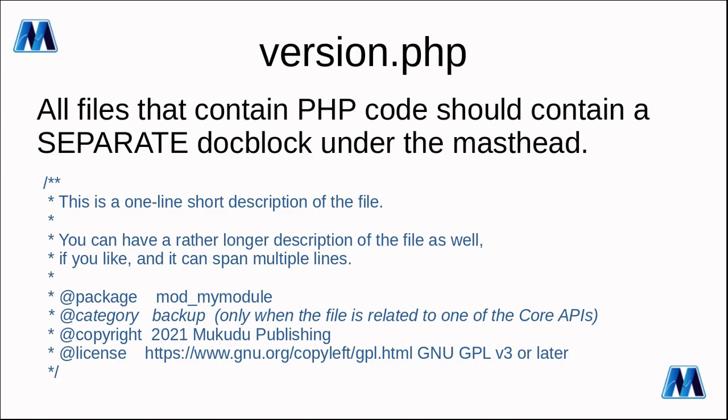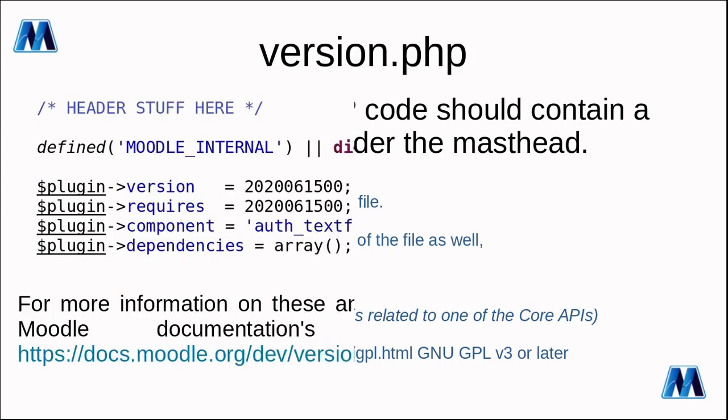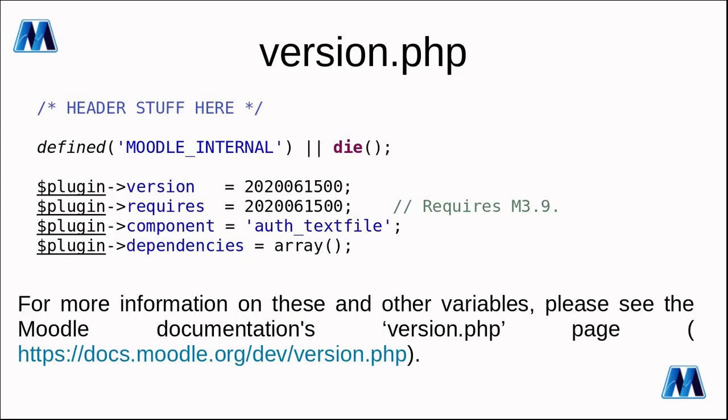And the ones that are usually required are package, copyright, license. Categories only basically used for core APIs, but there are other tags, and we'll look at those again a little later on. So onto version.php itself, right?